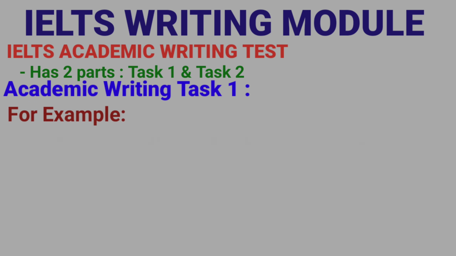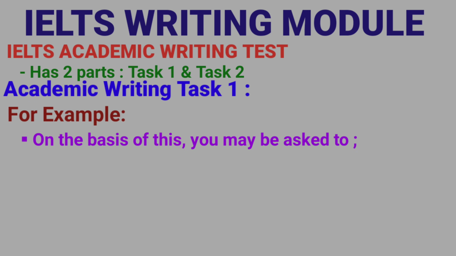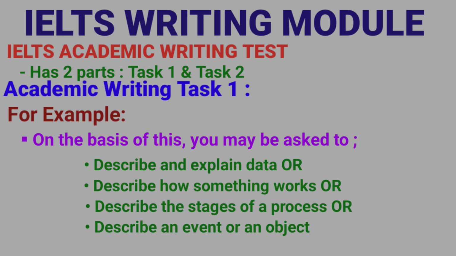For example, on the basis of this, you may be asked to describe and explain data, or describe how something works, or describe the stages of a process, or describe an event or object.